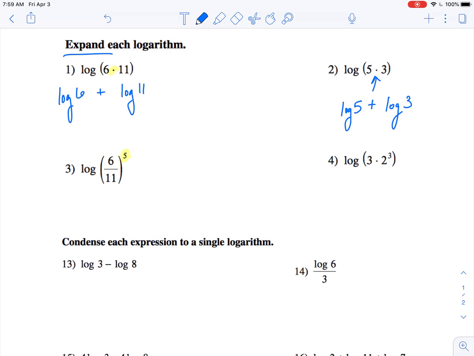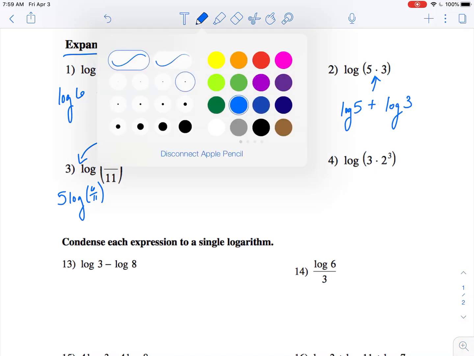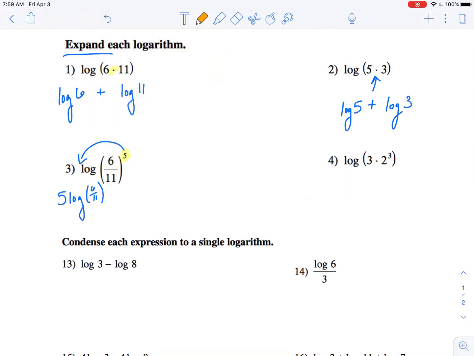So I'm not going to do the P step in PEMDAS, but what I will do is look at the exponent. And what do I do with exponents? Well, I can bring that exponent out front like this.